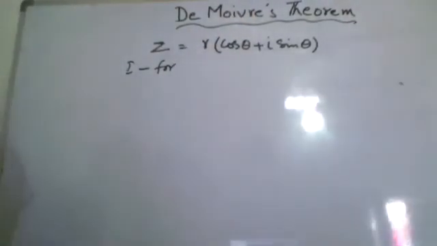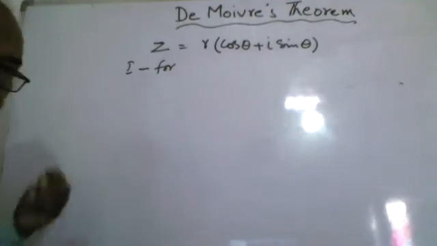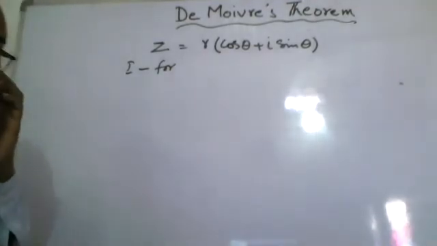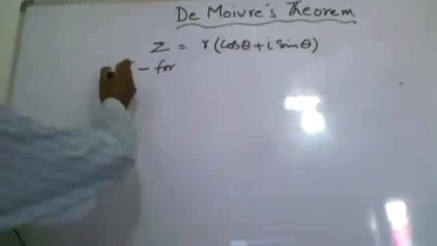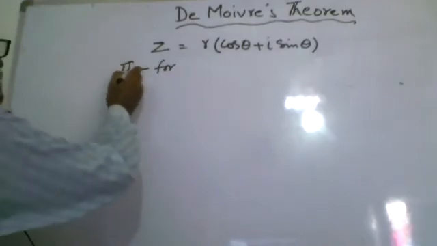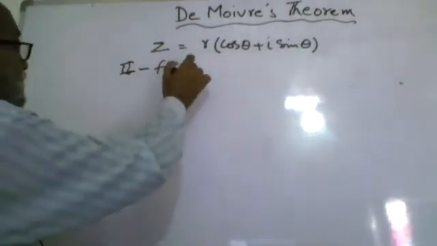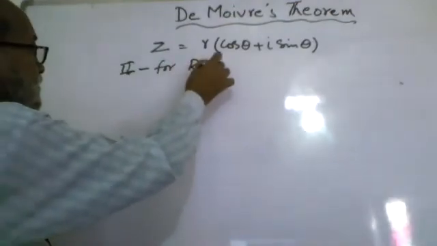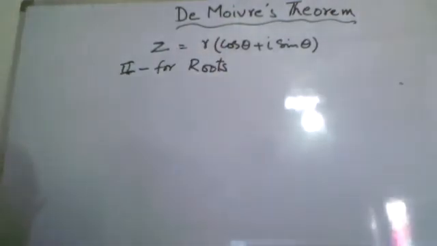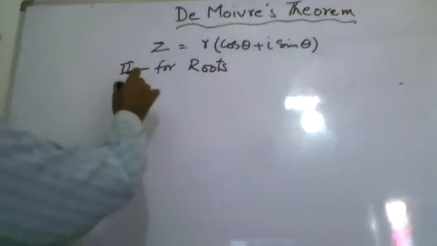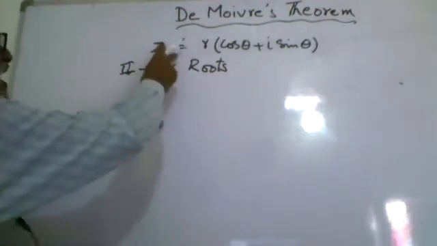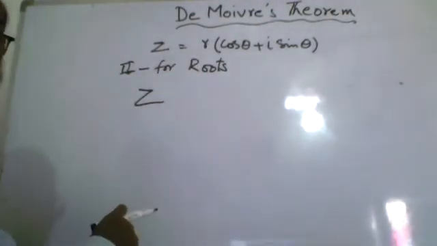Now for the roots. De Moivre's theorem for roots. Z is r into cos theta plus iota sin theta.